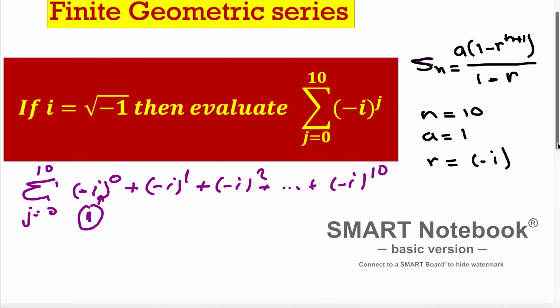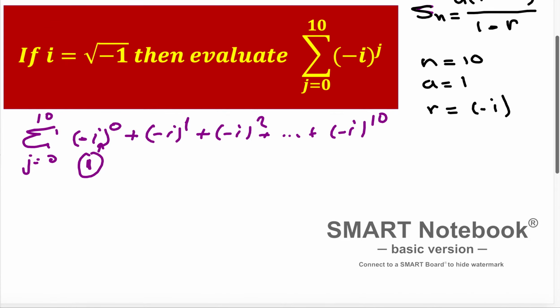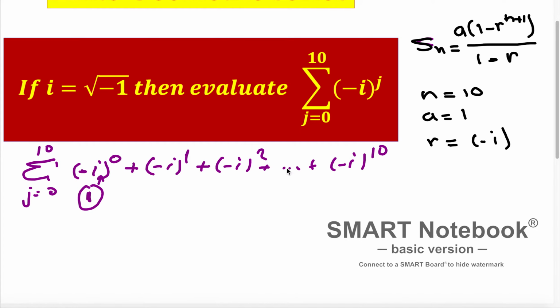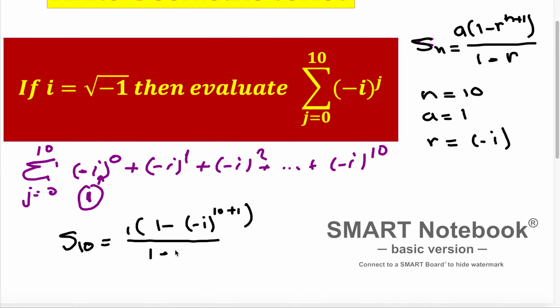We already found these terms, and now we can substitute them in this formula. So S10, because instead of n I'm writing 10, and a is 1, times 1 minus r, which is (−i) to the exponent 10 plus 1, and everything is divided by 1 minus (−i).